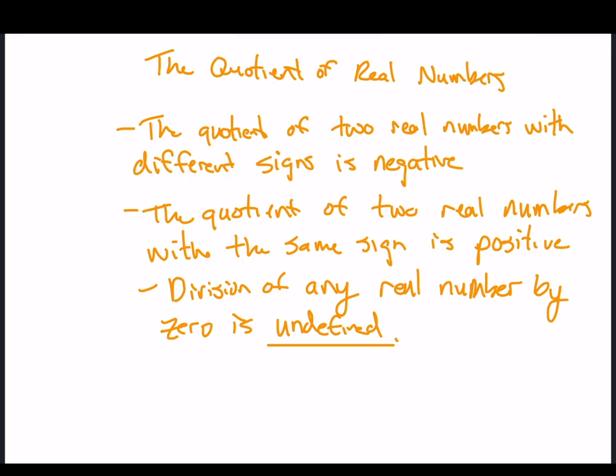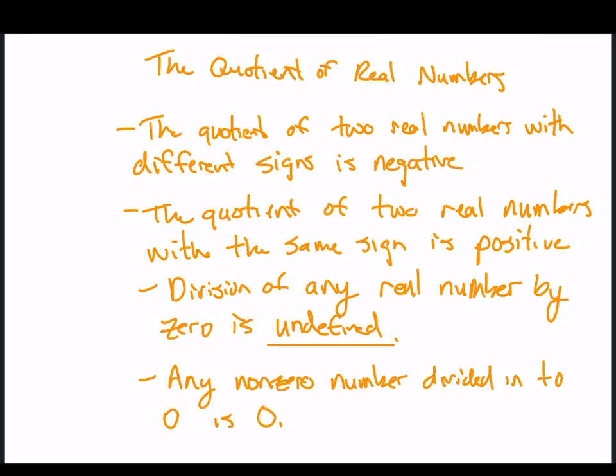That does not have a quotient. Things mess up when we try and divide by 0. Now, on the other hand, 0 can be divided by any number. Any non-zero number divided into 0 is 0.